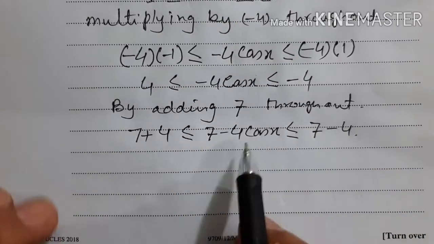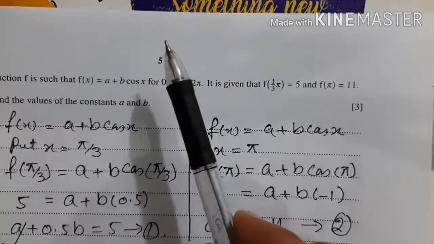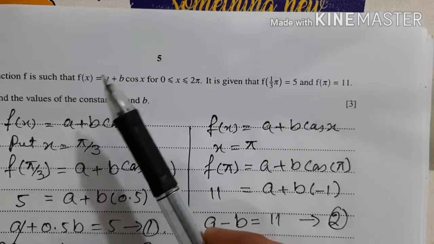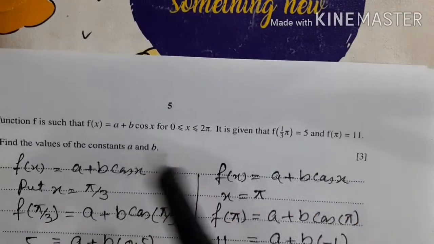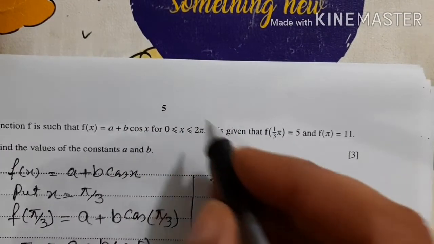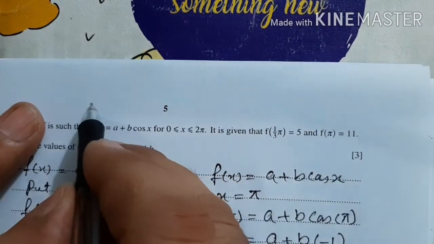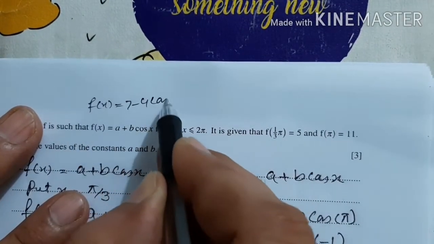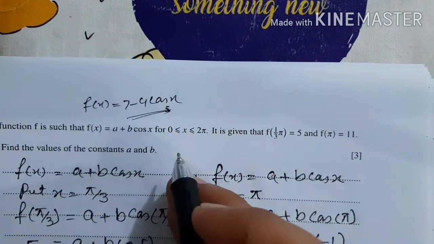This 7 minus 4 cos x is actually our f of x by putting the values of a and b, because we know a is 7 and b is minus 4. So our f of x will be 7 minus 4 cos x. So this is our f of x.